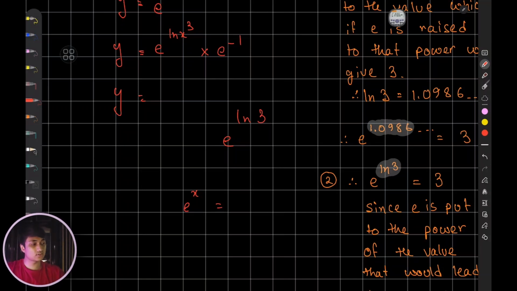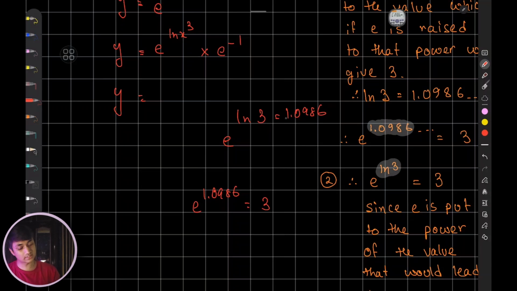So let's say you have ln 3. The power of e that you need is 1.0986. e to the power 1.0986 should give you the same value as 3. Notice, ln 3 is going to be 1.0986.